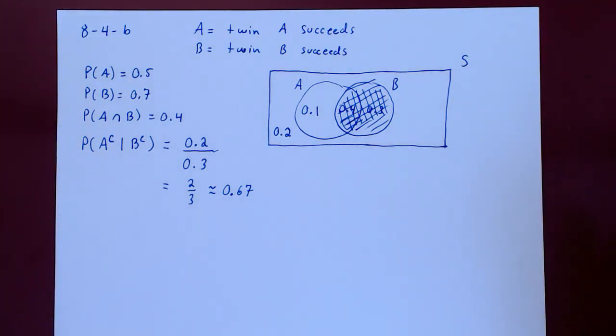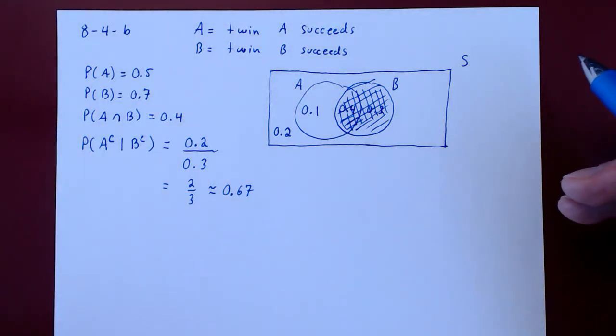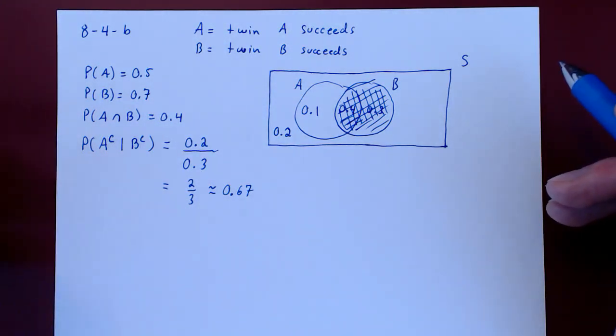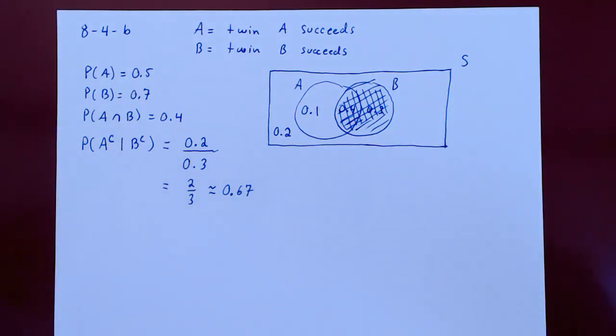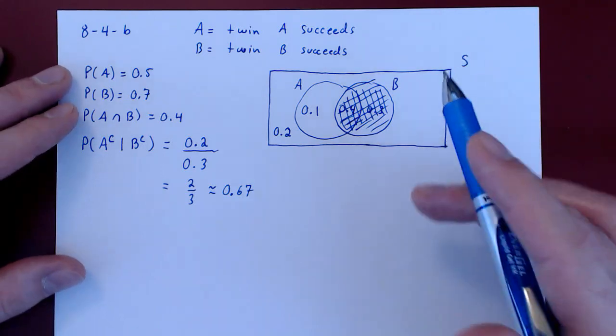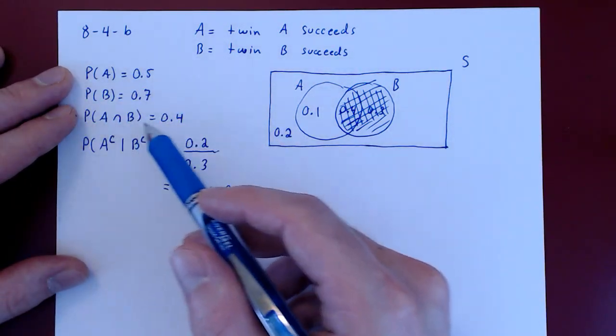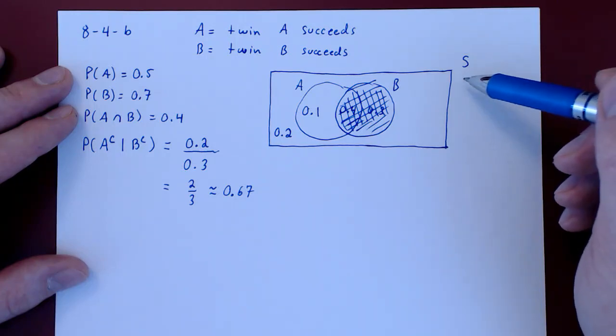And that's it. So the lesson here is, if you're not sure how to approach solving a particular problem, always try the simplest approach, which is going back to the very definition. If you can visualize the information given in a sample space, that's always a good approach.